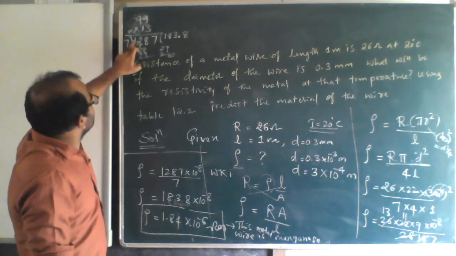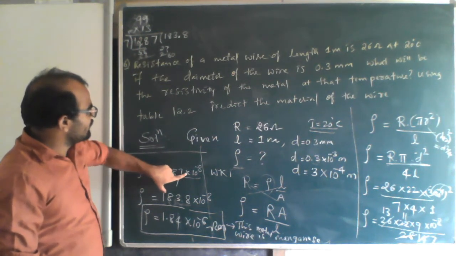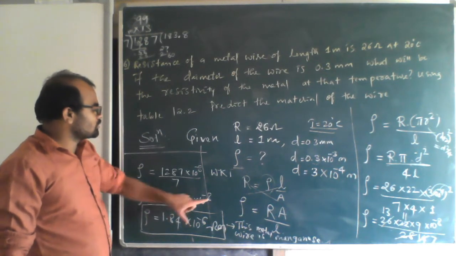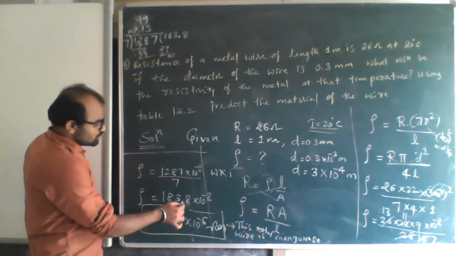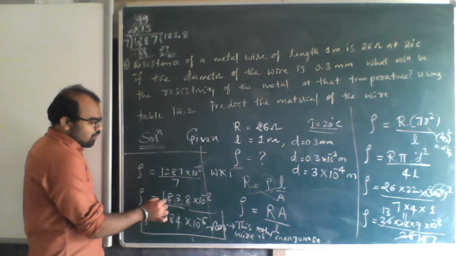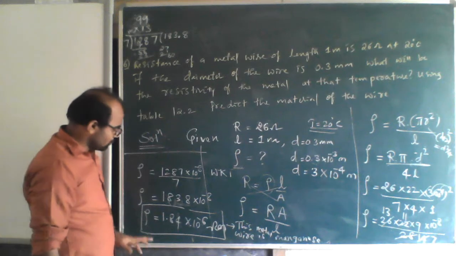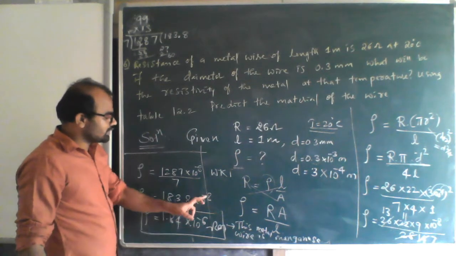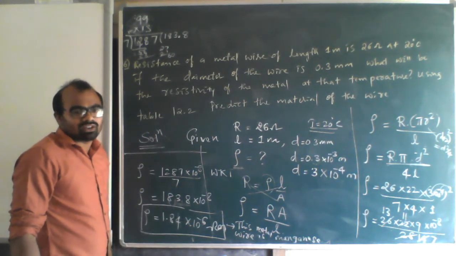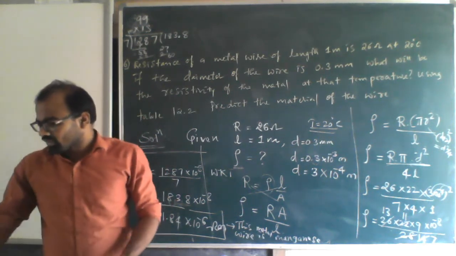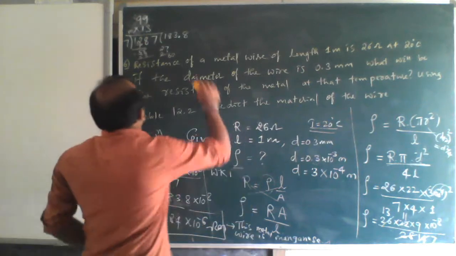After this you will get 1287. 1287 into 10 to the power minus 8 by 7. You get 183.8 into 10 to the power minus 8. So you shift this point to this side, it becomes 1.838. So we can make it 1.84. So 1.84 into 10 to the power minus 6 ohm meter will be our answer. I hope everything is clear. Okay, we'll move to the next question.